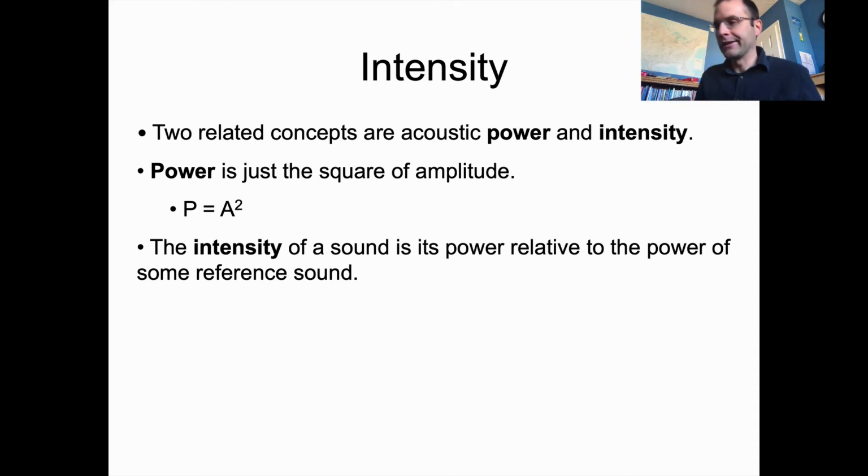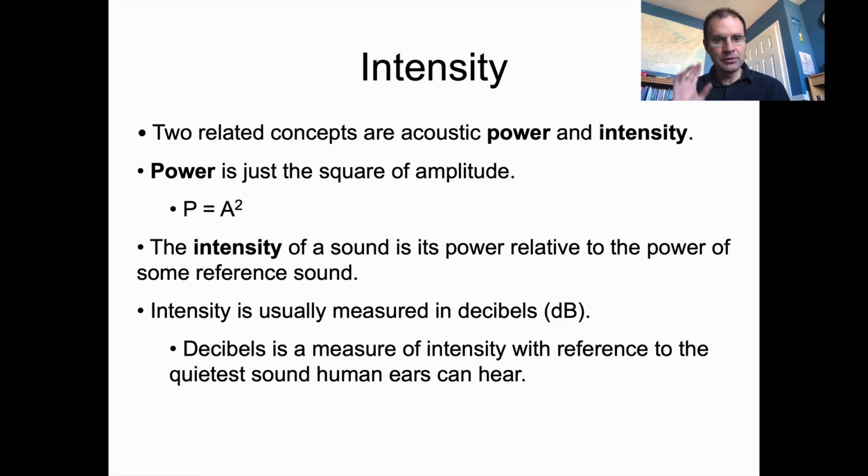And that can be defined just relatively, or relative to any particular sound you care about. But the measure that is normally used in both speech and other domains is to measure intensity in terms of decibels, which tells you how intense a sound is in comparison to the quietest sound that human ears can hear.